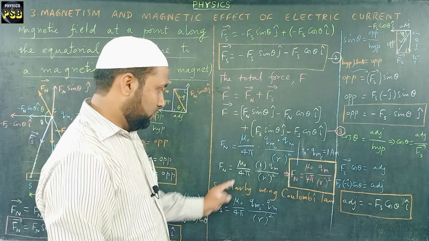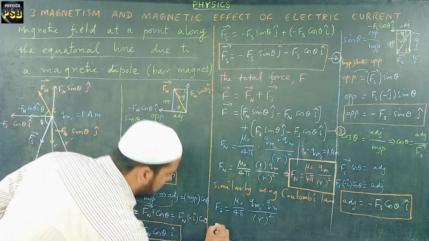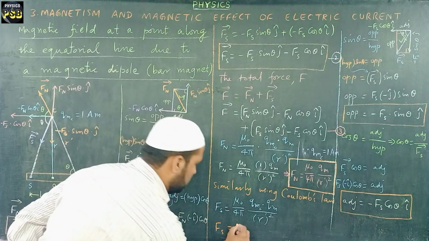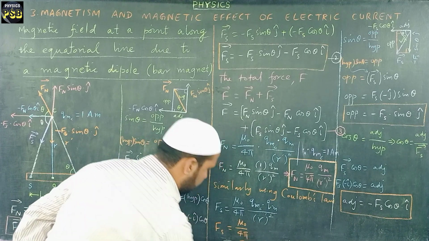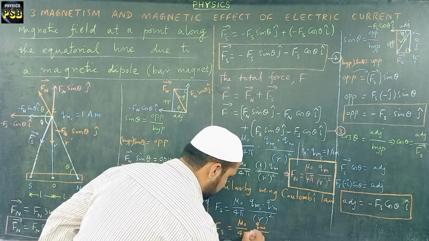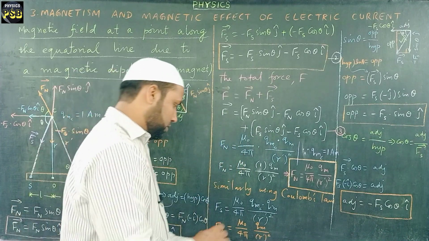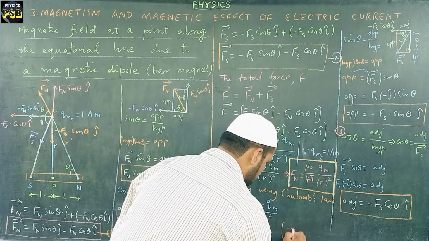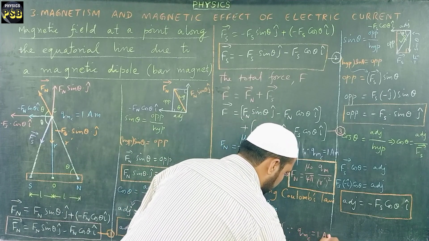If you follow this method, then the value of Fs will be mu naught upon 4 pi multiplied with Qm upon r dash square, since QmC equals 1 ampere meter.